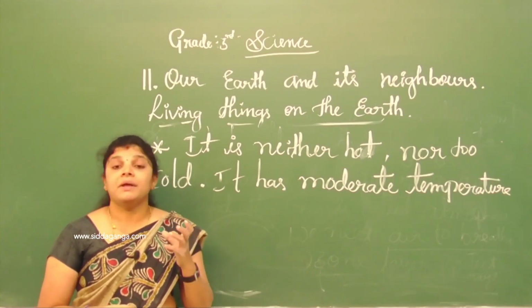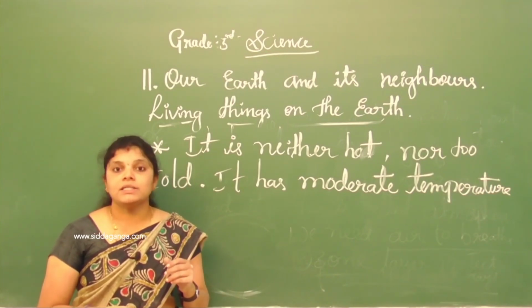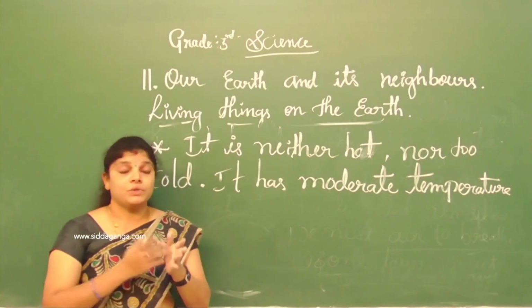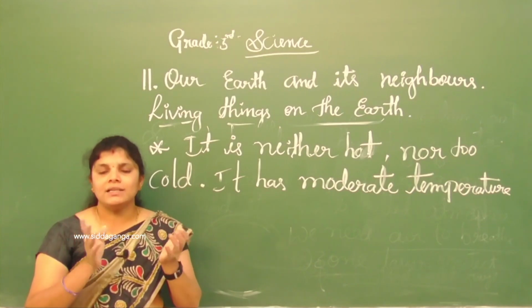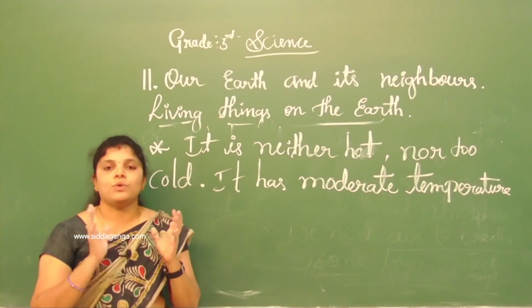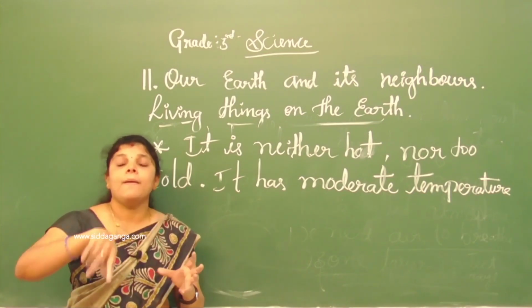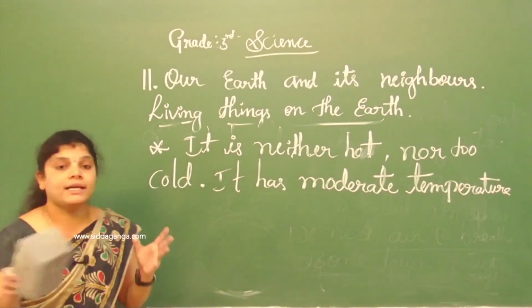In our solar system there are 8 planets, isn't it? As you already learned in social science, I think. So in our solar system there is a single sun. So there is one big sun, and what happens around the sun? The planets go around. Planets we call graha in Kannada.